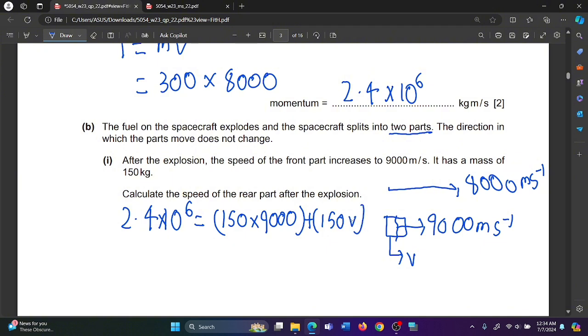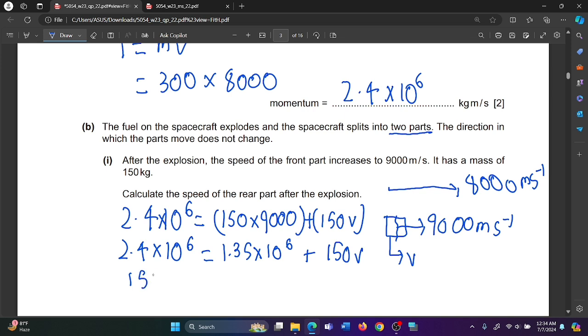Here we just have to make v the subject to get the velocity of the rear part. Let's do it. 2.4 multiplied by 10 to the power 6 is equal to 150 times 9,000, which becomes 1.35 into 10 to the power 6, plus 150v.